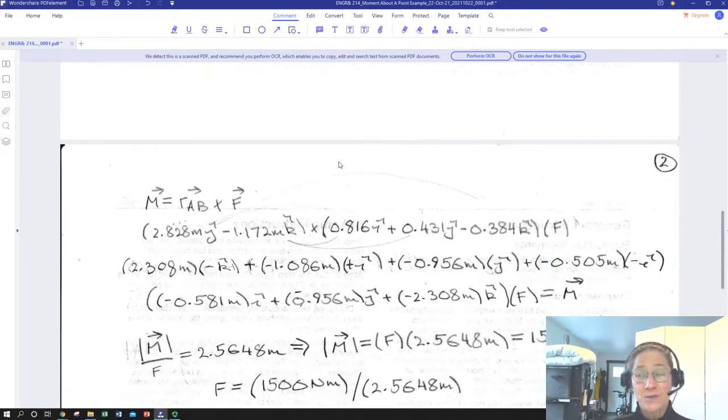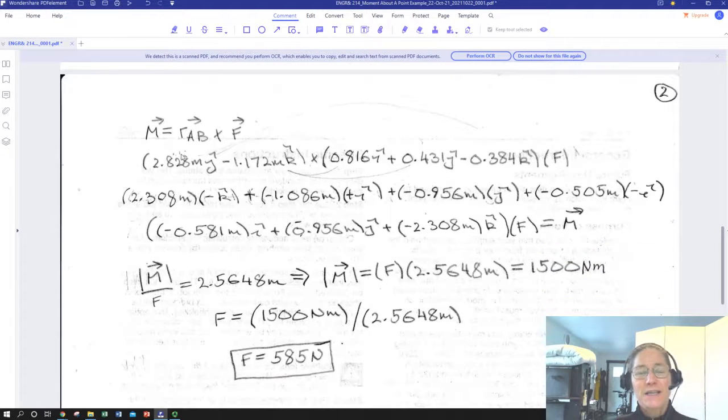So we're going to actually do our R cross F. So I've done this with the FOIL method. So if you go from first, inner, outer, last, and acknowledging the fact that our j hat cross j hat and our k hat cross k hat are 0, we end up multiplying out our terms in meters.